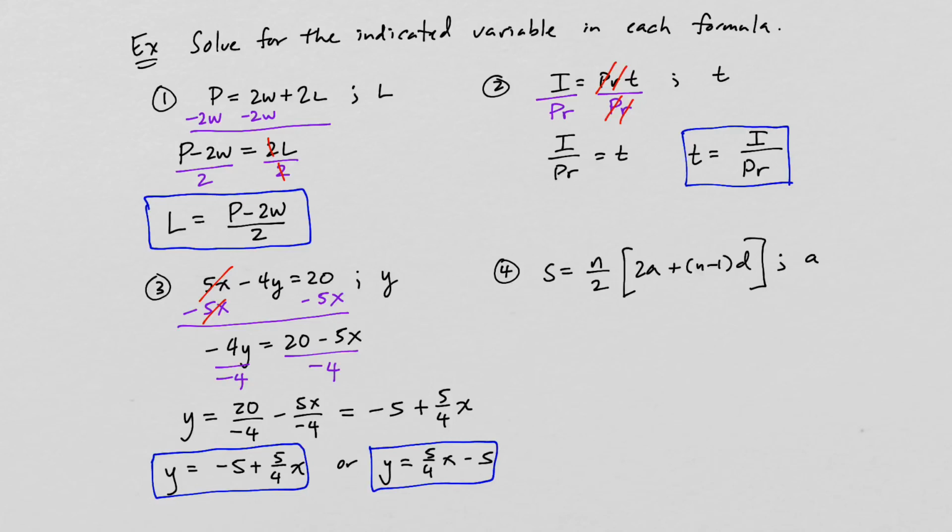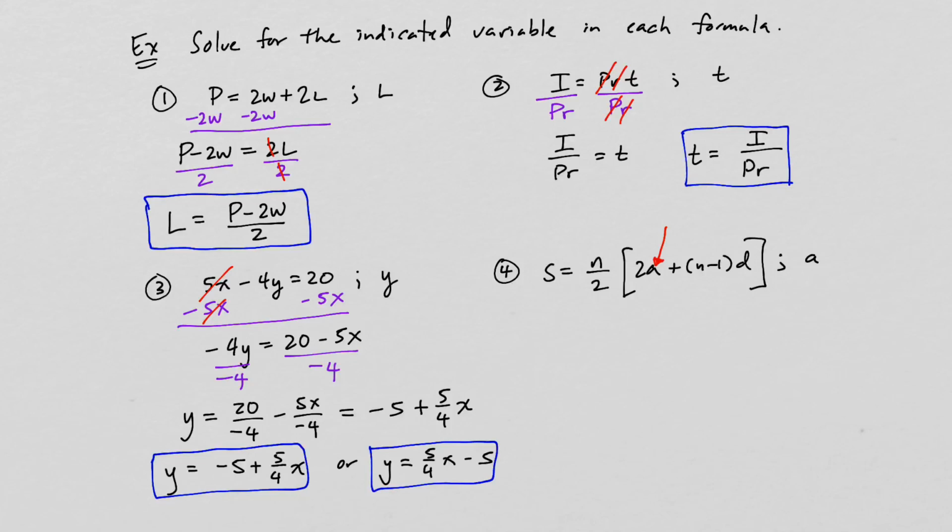Okay, so for our last problem here, this one's going to be a little bit of work, isn't it? So in this complicated formula, we are asked to solve for a, which is right here. What we need to do to solve for a is we need to start removing the things around the a, starting with the things on the outermost part of the formula first.